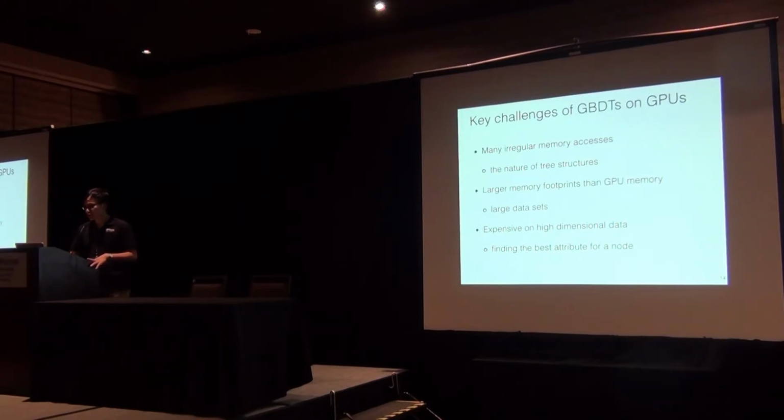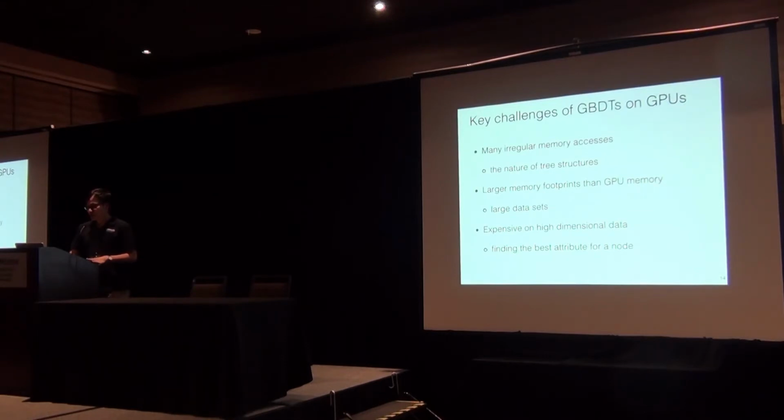The first challenge is that there are many irregular memory accesses. As you can imagine, due to the tree structures, the data could go to the left branch or go to the right branch, depending on the internal node.